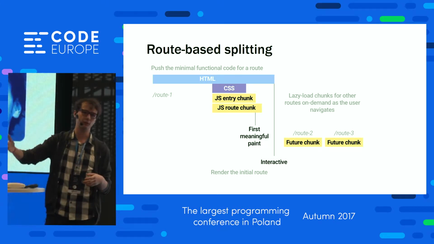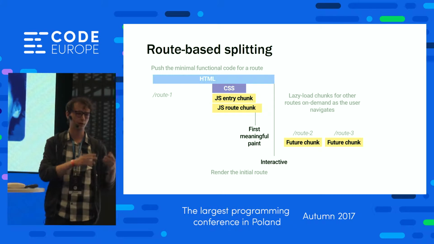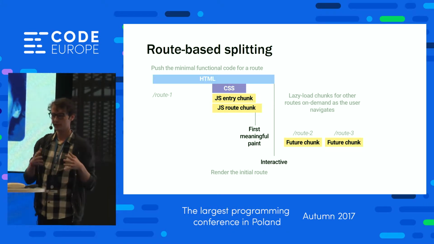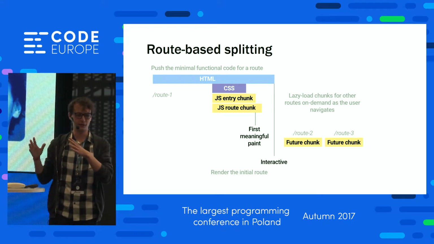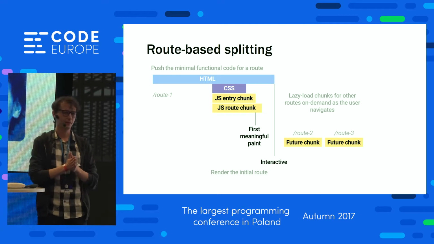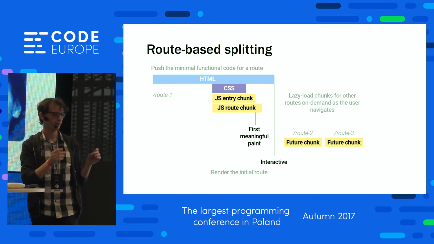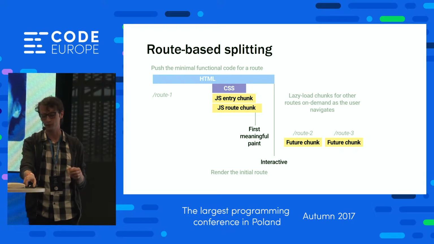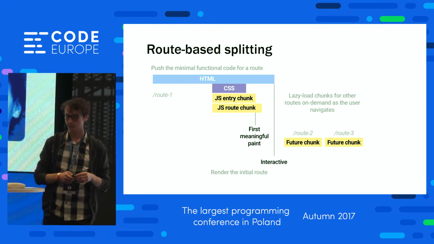For example, he went to user settings. He doesn't need to load the whole rest of your application, whatever it is doing. It might be significantly bigger than only the user settings route that he is taking. So in this approach, you are dividing this application into pieces that may represent a given route, and you serve those pieces to your user automatically.